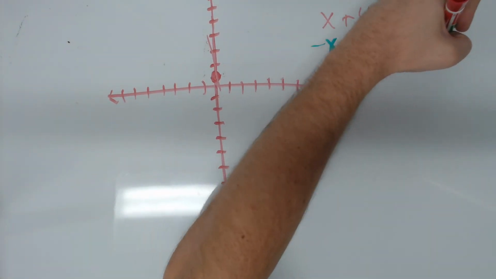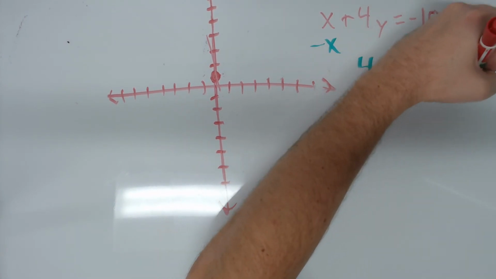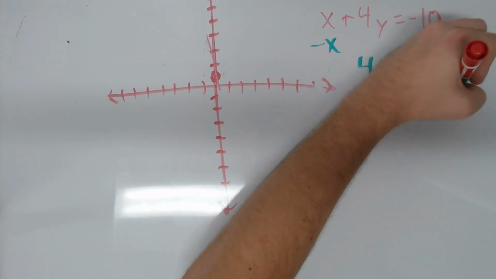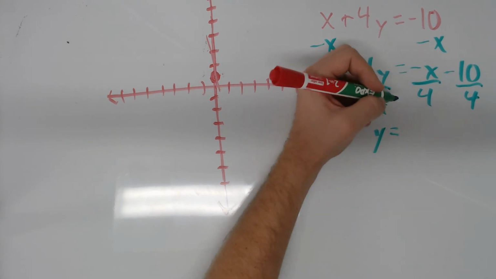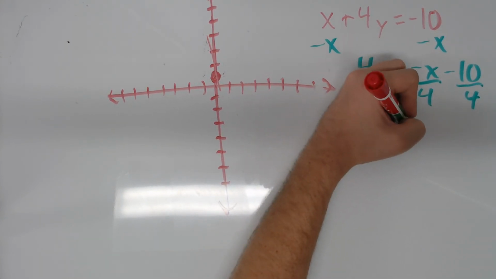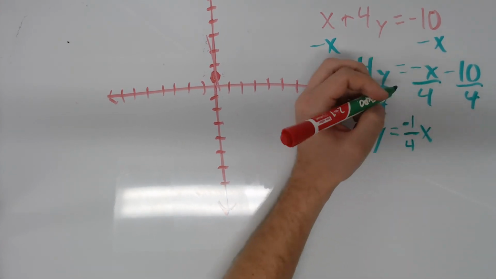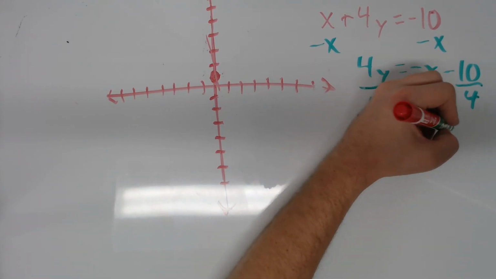Subtract x on both sides. 4y equals negative x minus 10. Then divide by 4. And I know we don't particularly love fractions and decimals, but there's a 1 in front of this x, so I'm going to pull the fraction out front. Negative 1 over 4 x. And then 10 divided by 4, go ahead and use a decimal for the y-intercept.